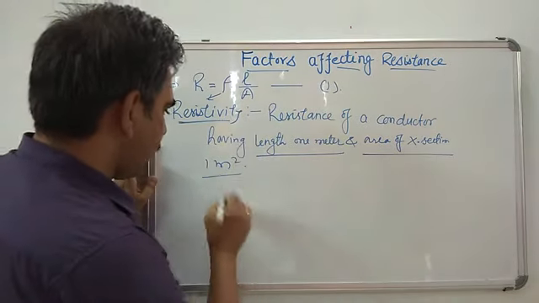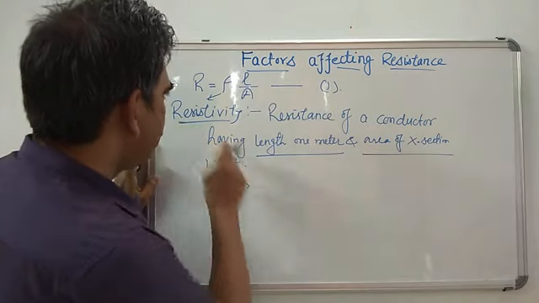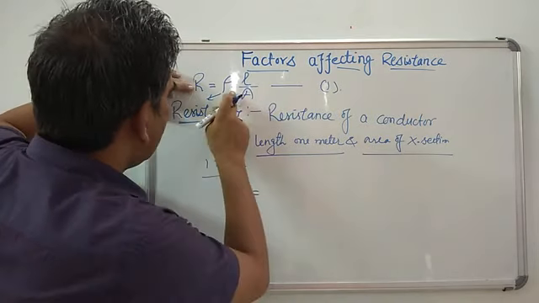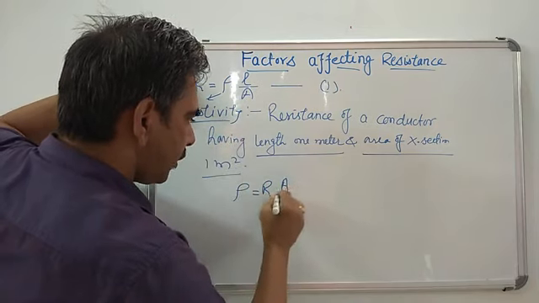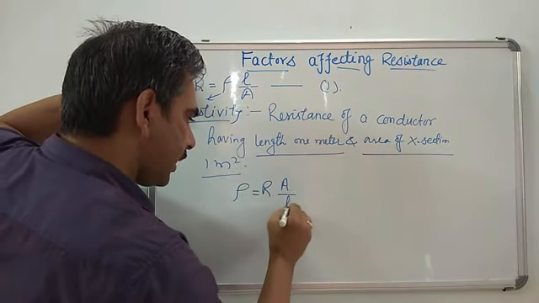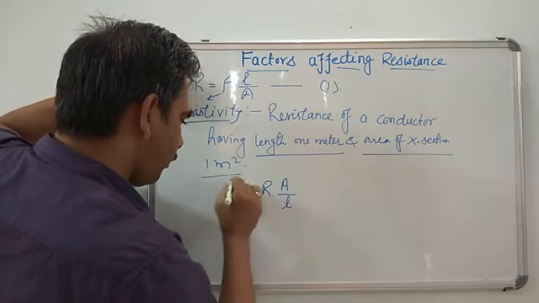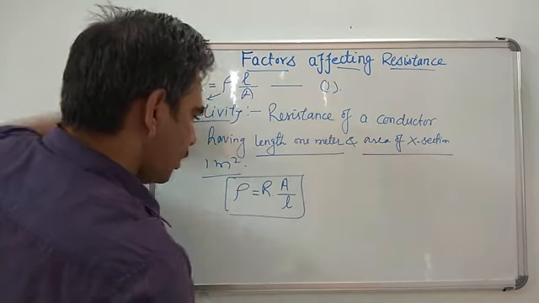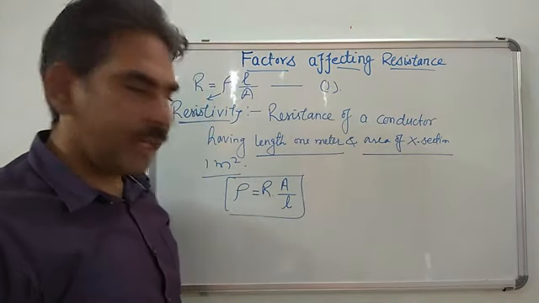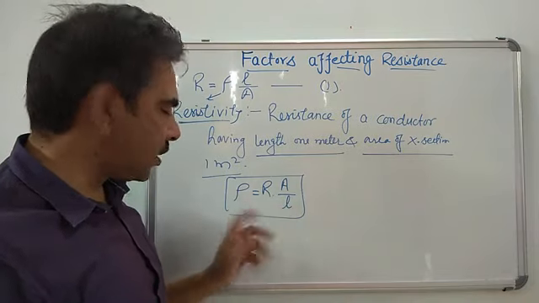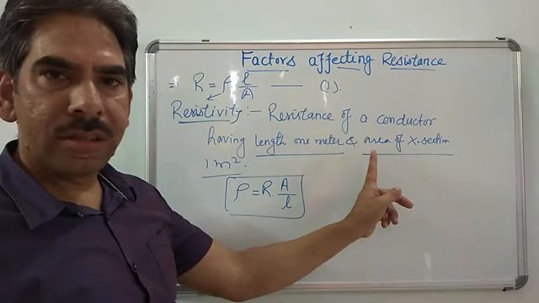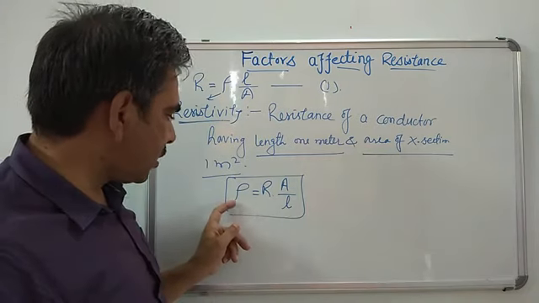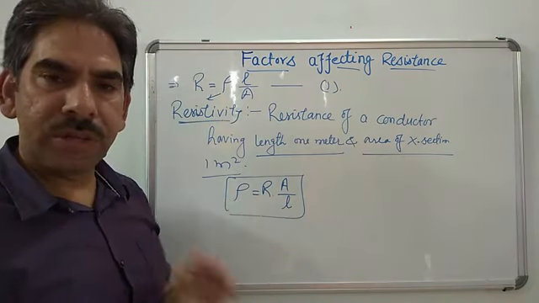From this formula we can write the resistivity: R is on the right side, A goes to the other side and multiplies, and L goes to the other side and divides. So we get the formula for resistivity. That does not mean that if the value of A or L changes, resistivity will change. The values of A and L are already defined when we define the resistivity of a given material.